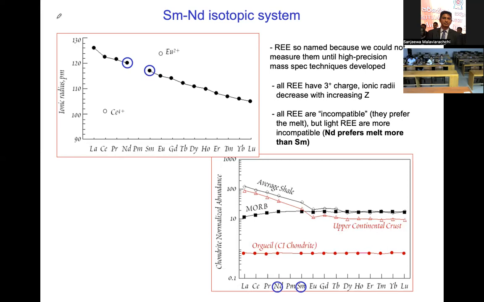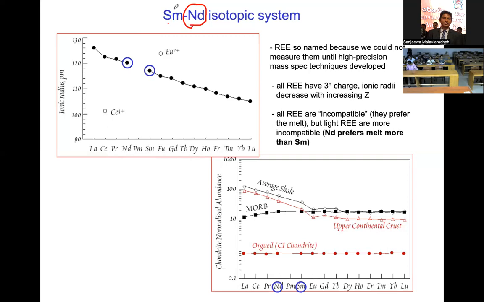Because of its incompatibility. But in the case of samarium neodymium, neodymium is the more incompatible element, right? So in this case, the daughter is more incompatible than the parent. In the rubidium strontium system, the parent is more incompatible. So that's why you have a lot of strontium accumulated in the rock later on, if it is a product of the melt.